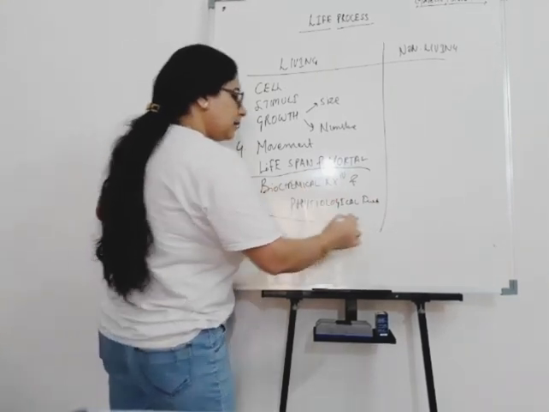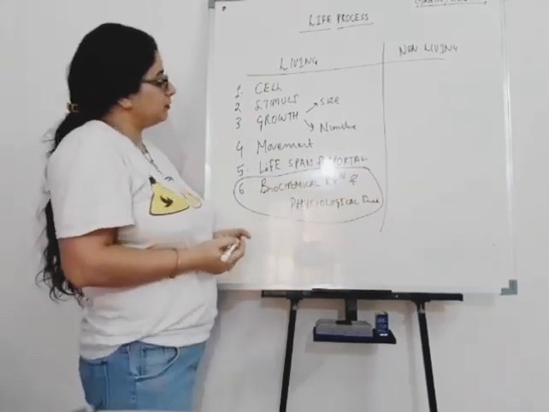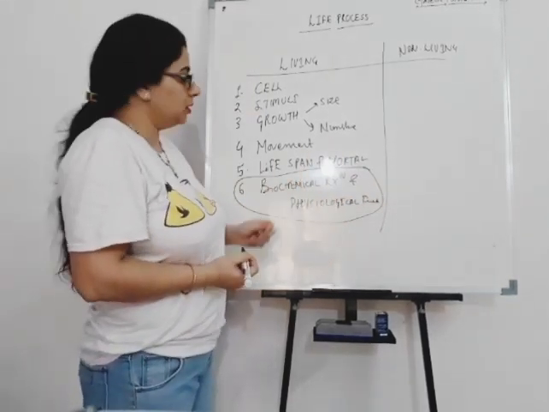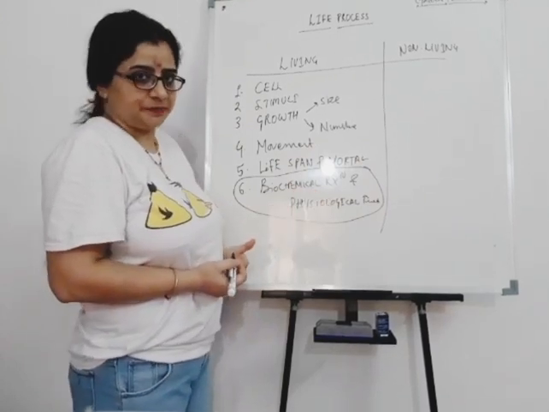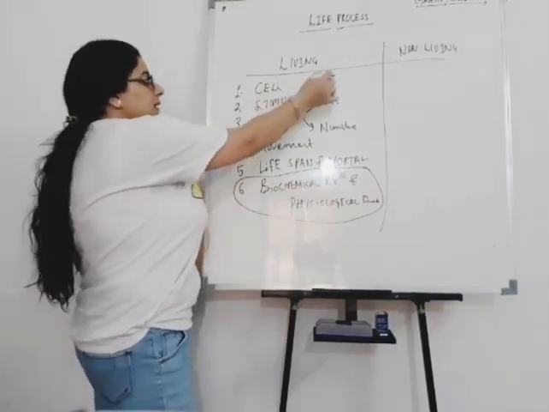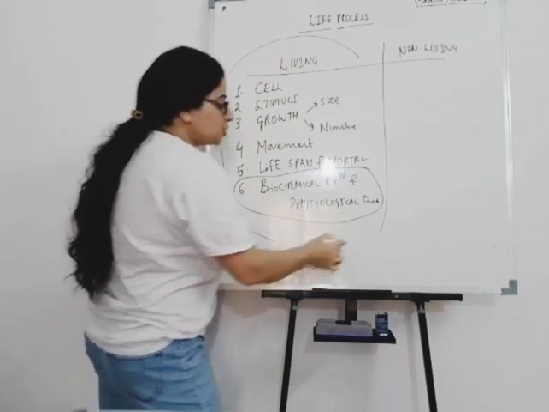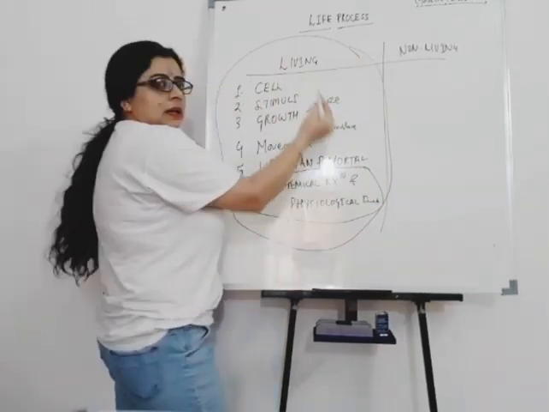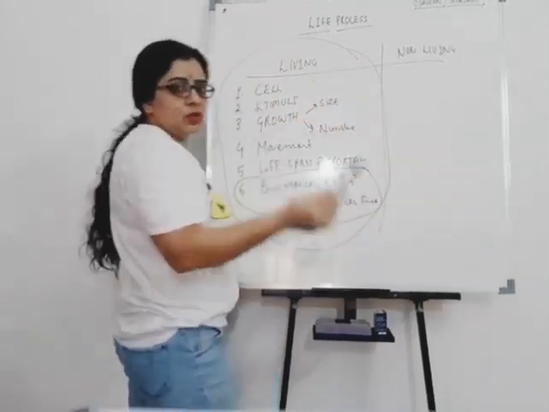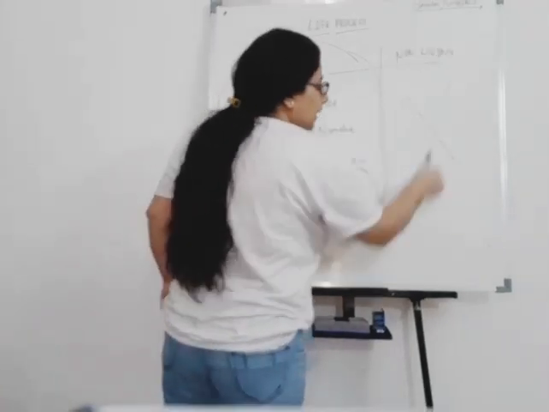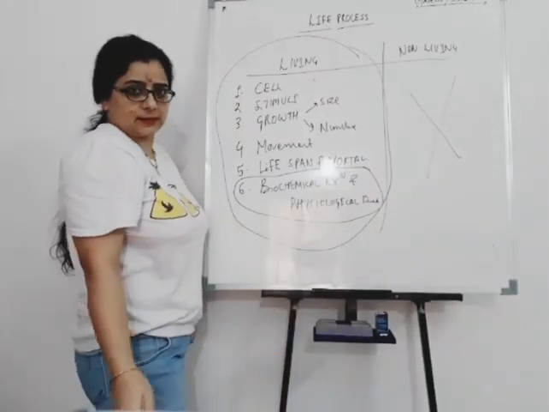This is the main and very important characteristic of living organisms. We'll be describing this later on. So these are the certain characteristics which distinguish living from non-living, because non-living does not possess any of the characteristics.